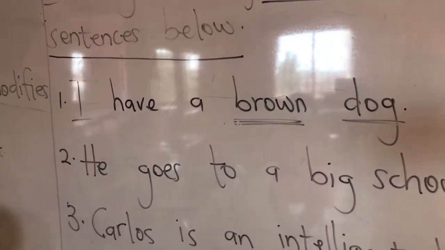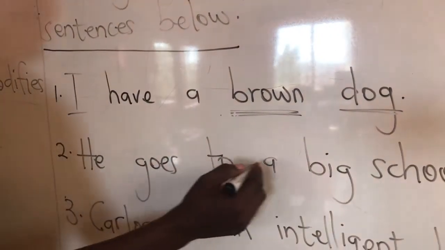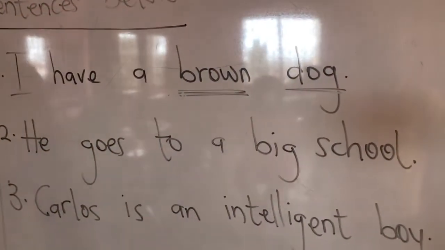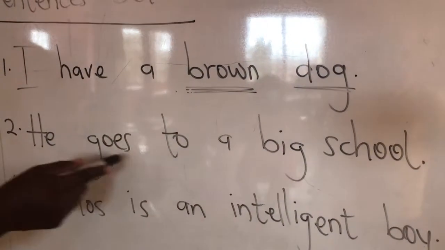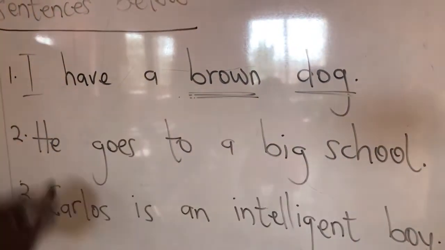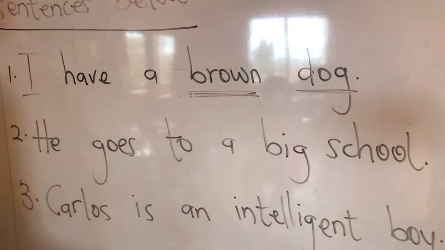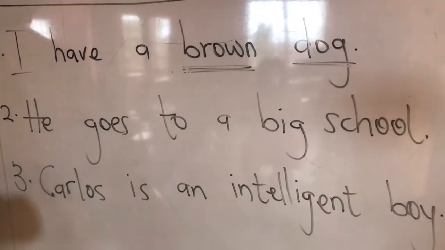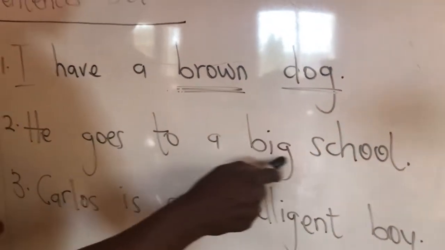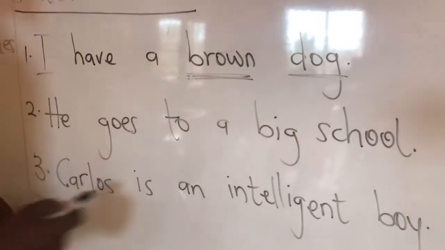Let's look at example 2. He goes to a big school. He goes to school, it's correct. But this time we are talking about a big school. So what is the adjective?